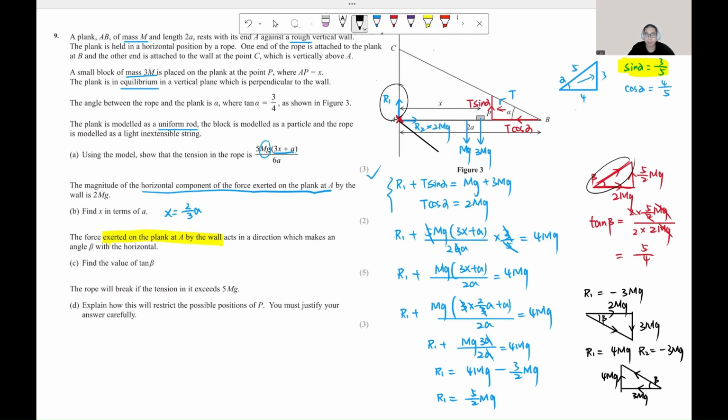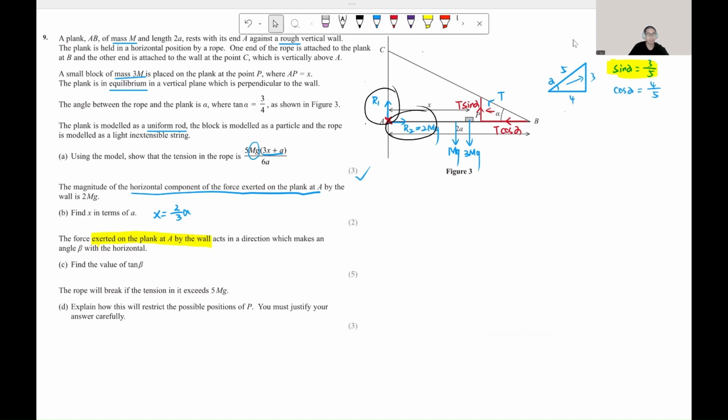Could be like this, like this, like this, or like this. We don't know. But it doesn't matter which direction the force is, we can always resolve it into one vertical and one horizontal. That's why for this type of question, we always just write R1 and R2, one vertical, one horizontal.